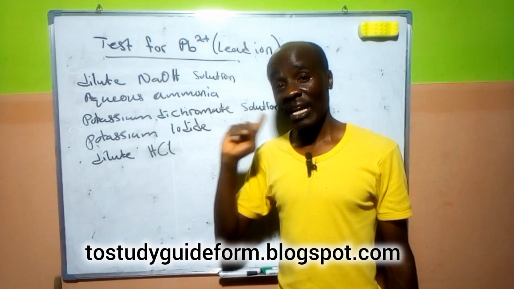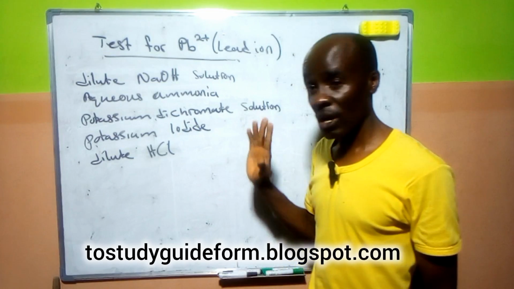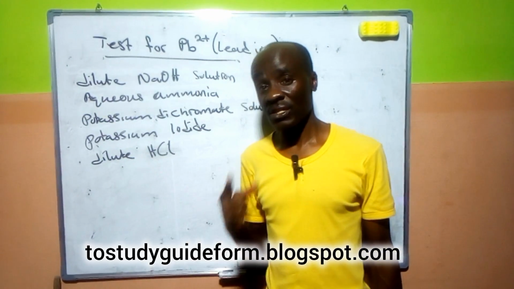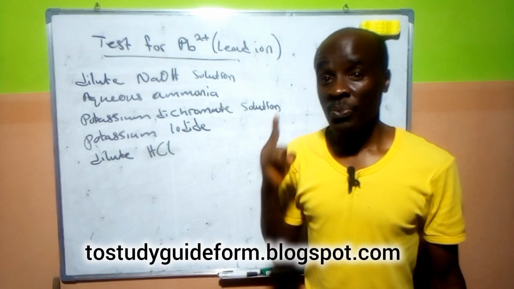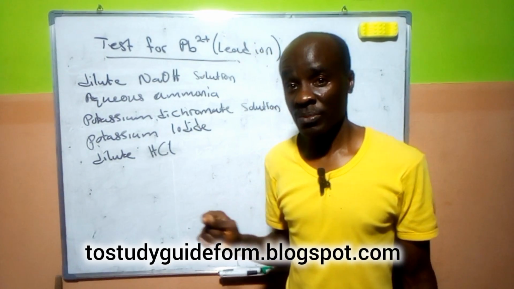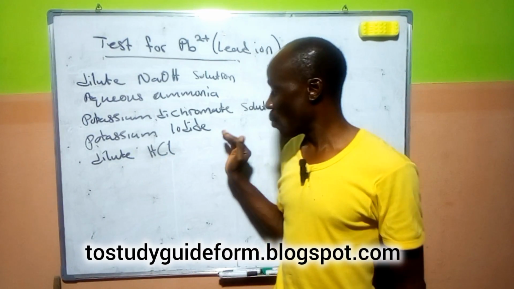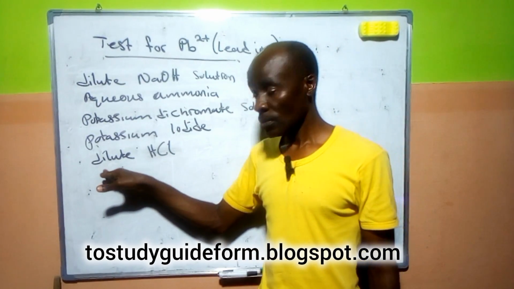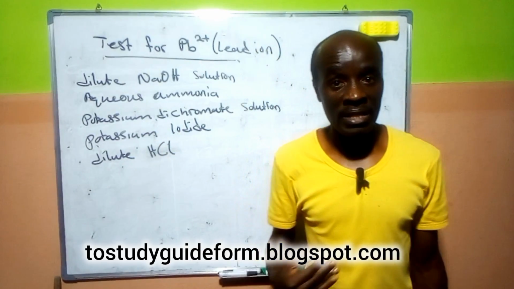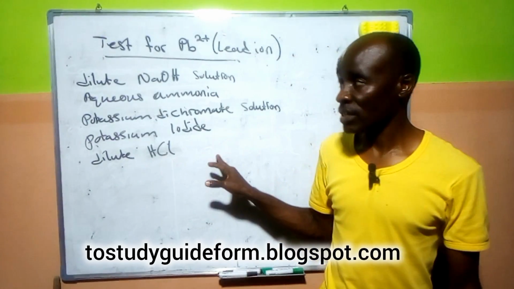With potassium iodide, the same yellow precipitate. These are the things that confirm the presence of lead ion. With dilute hydrochloric acid, you will get a white precipitate which is soluble when hot. When you heat it, it will be soluble. When it's cold, the white crystals will appear again. That's another way of testing for lead ion.